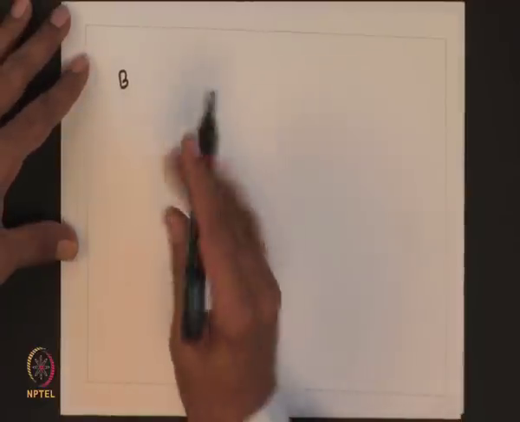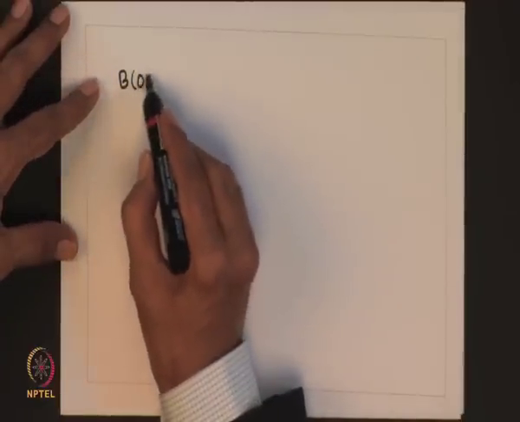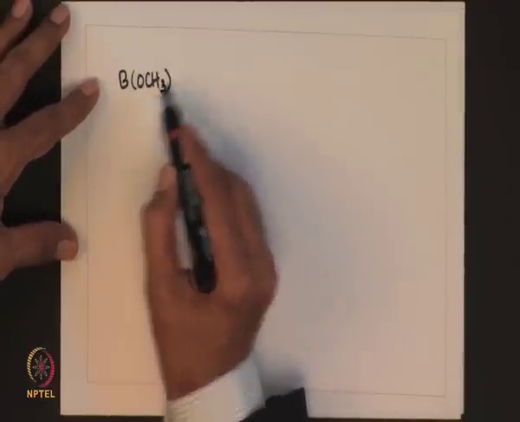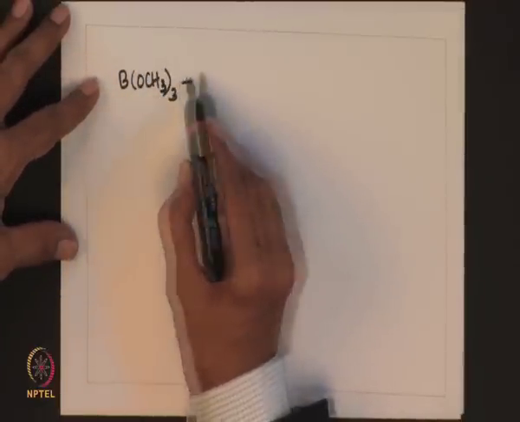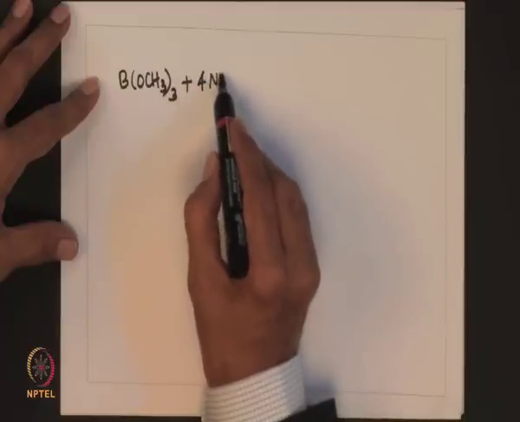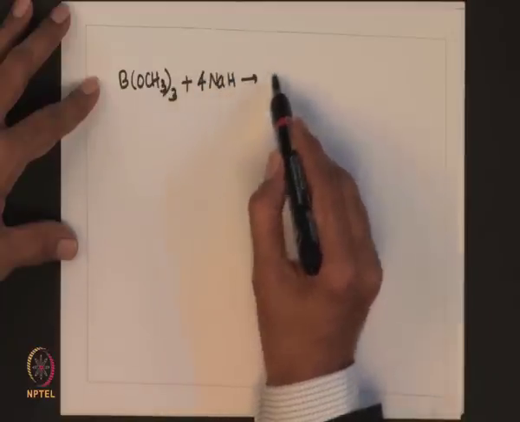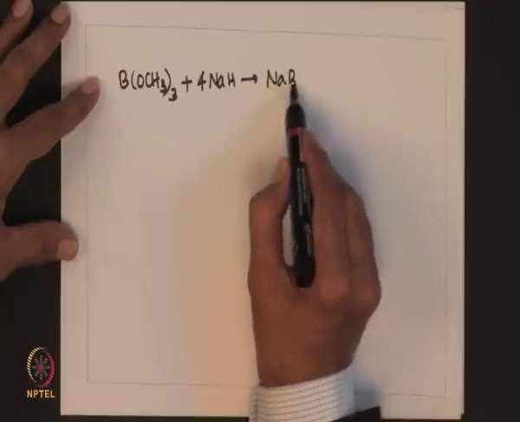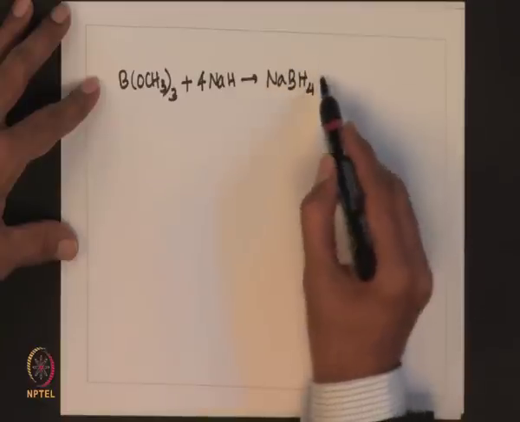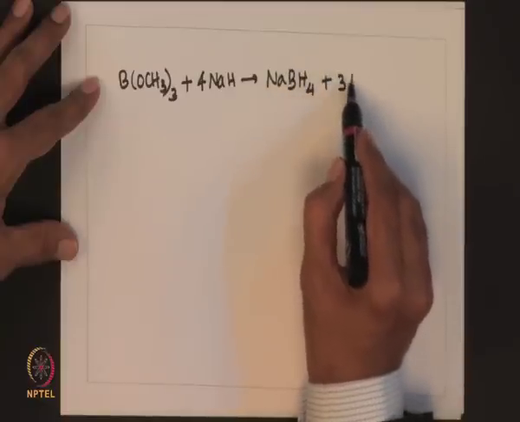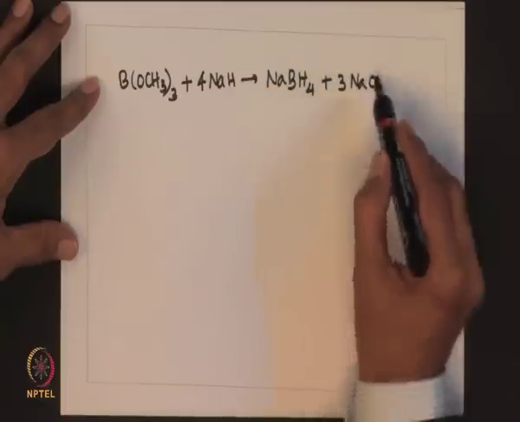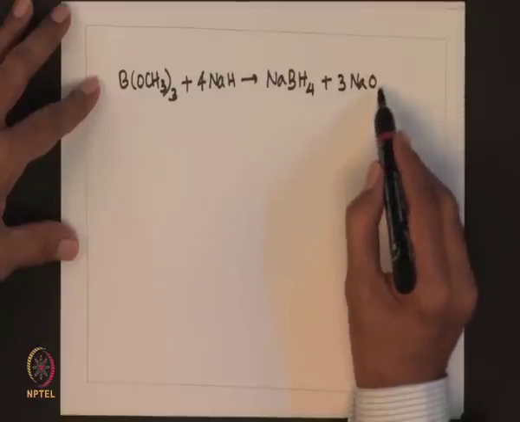This can be prepared starting from trimethoxyborane, interacting this one with sodium hydride will give you sodium borohydride through the formation of sodium methoxide.